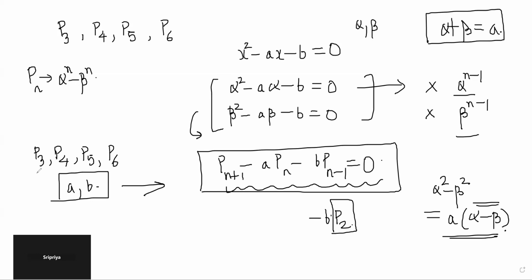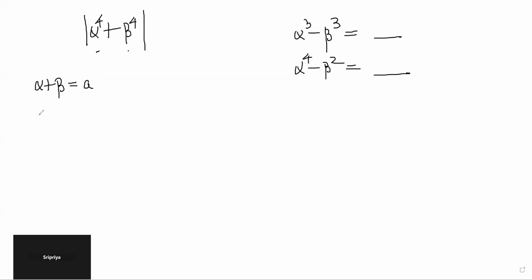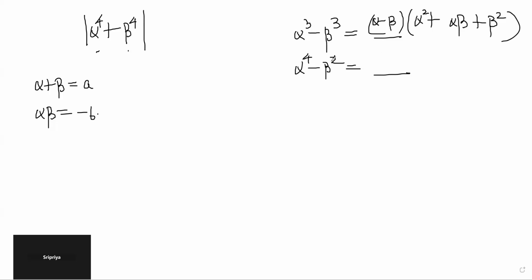The other way to do it would be, they are asking you this, you can try directly finding these terms, since they have given you these values, so maybe we can directly try it, right? For example, you know alpha plus beta is a and alpha beta is minus b, and this factorization is alpha minus beta into alpha square plus alpha beta plus beta square, and this is alpha minus beta, alpha plus beta, alpha square plus beta square.